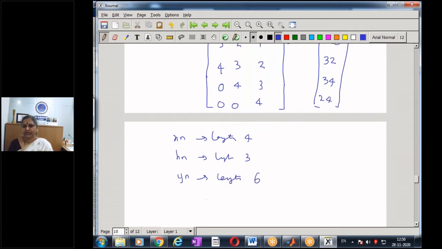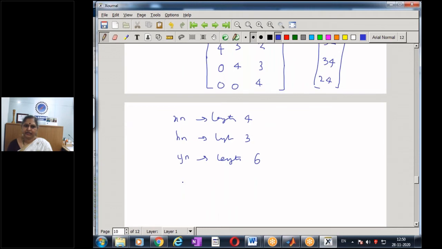In general, if xn is of length L and hn is of length M, then the convolved sequence is of length L plus M minus 1. So 4 plus 3 minus 1 is the length of the convolved sequence.